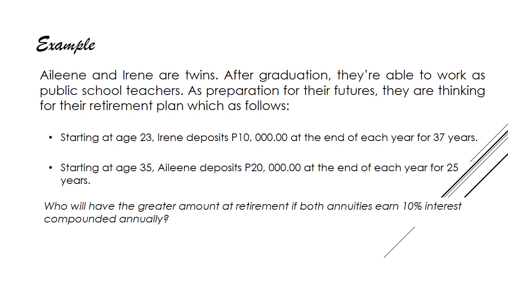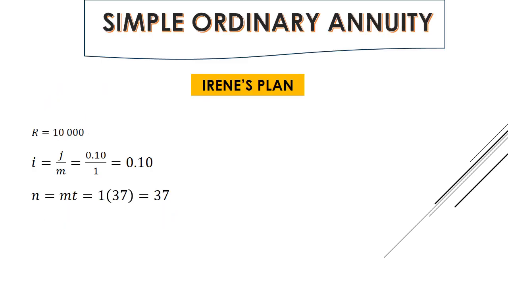Alright, in order to do that, we will use the formula. Let's start with Irene's plan. First, we identify the given. The periodic payment, which is R, is 10,000. For i, the interest rate per period, we divide the interest rate per year by m. So 0.10 divided by 1, we have 0.10. For n, the product of m times the time, which is 37 times 1, we have 37.